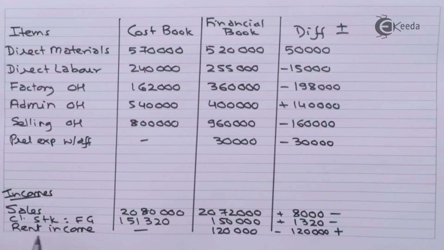In case of income, we are required to reverse the sign. Here we are getting plus 8,000. We'll take minus 8,000, plus 1,320, minus 1,320, minus 1,20,000. It will be taken as plus 1,20,000. Now we can proceed to prepare profit reconciliation statement.